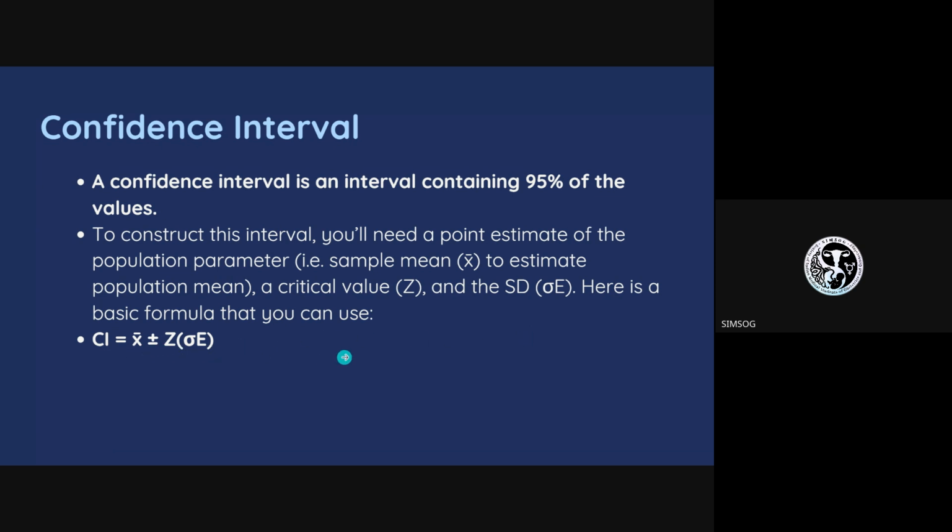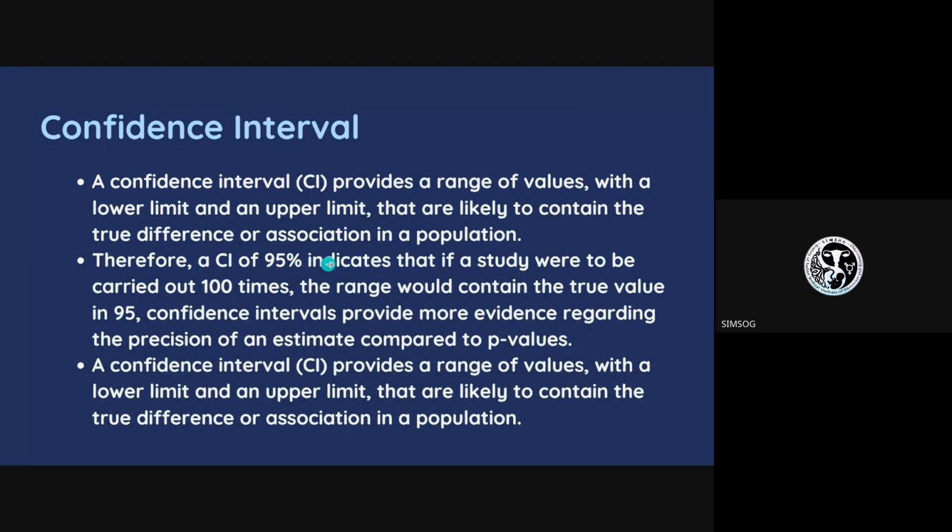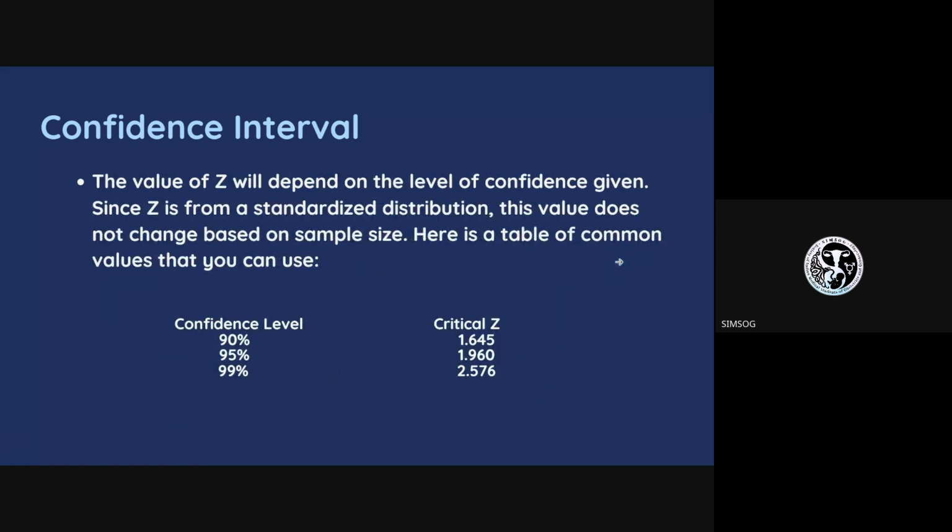Okay, so now I'll give some examples of how to calculate and interpret confidence intervals. Here the Z value will depend on the level of confidence we have decided. Since z is from a standardized distribution, that is, a normal distribution, this value does not change based on the sample size per se.